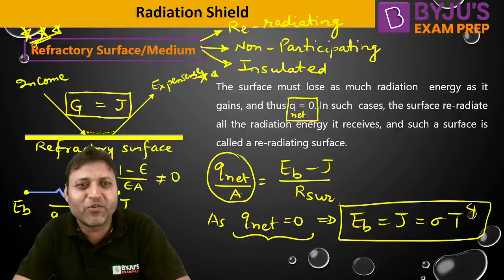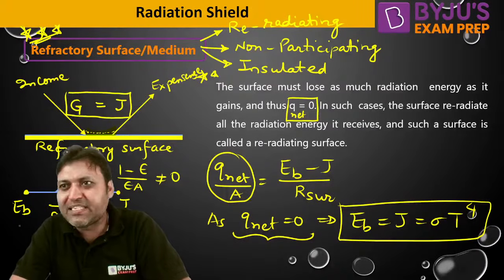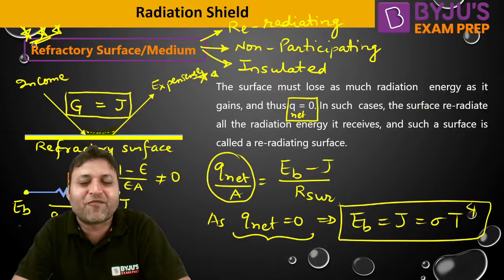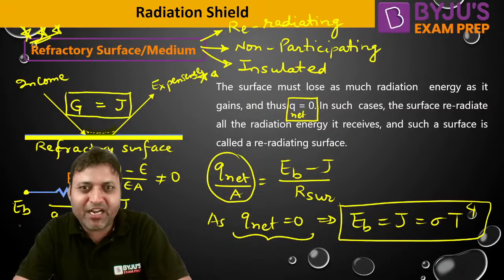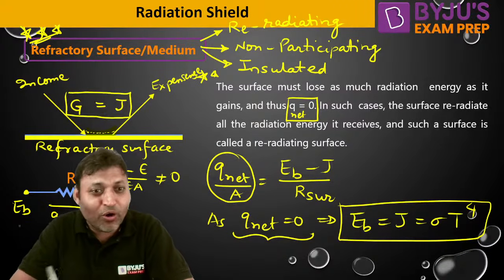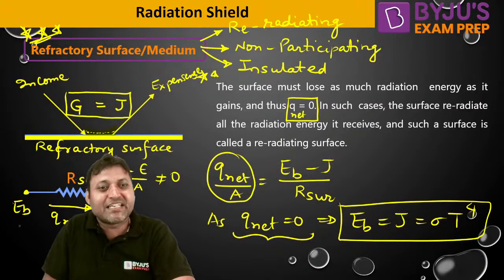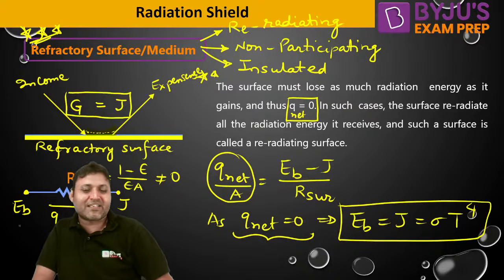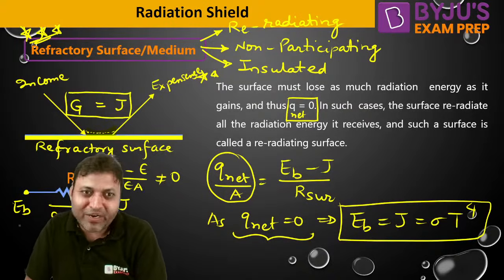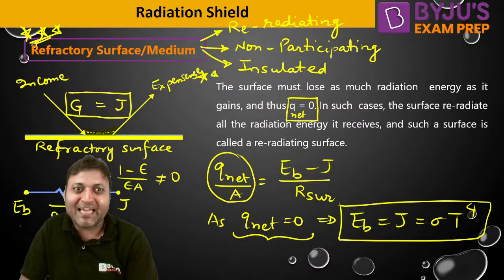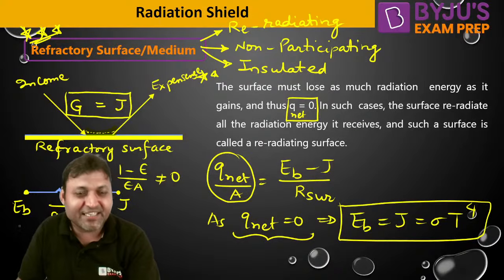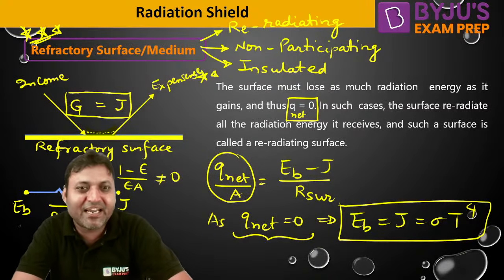Is this clear to everyone? Is the concept clear? Refractory surface: non-participating, re-radiating, insulated. Q net will be 0. There is no heat flow in the circuit. So there is no significance of the surface resistance, even though it is non-zero. It is not a black body, but the surface resistance is not coming into the picture in the analysis.